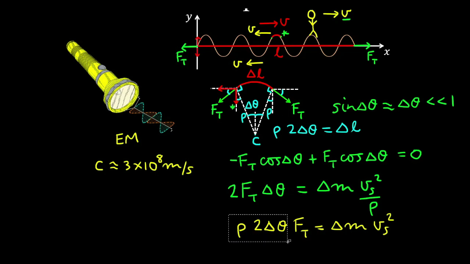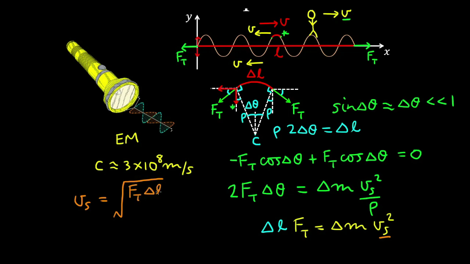So we can replace this with delta L, and solving for the wave speed through the string, we have Vs is the square root of the tension force by delta L on delta m.